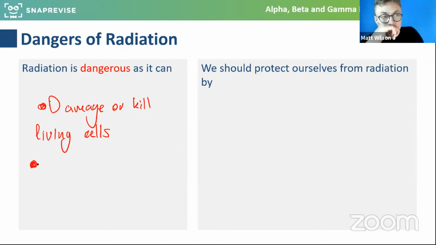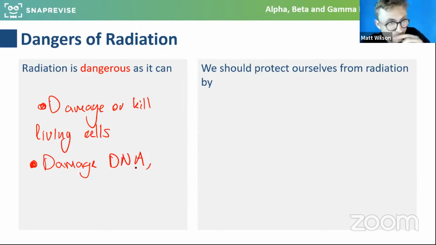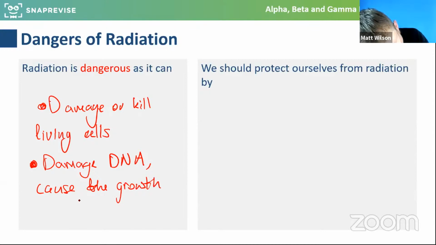In particular, it can also damage DNA, which is a certain type of cell or collection of cells. And this can cause the growth of cancers. So we certainly want to try and avoid this.